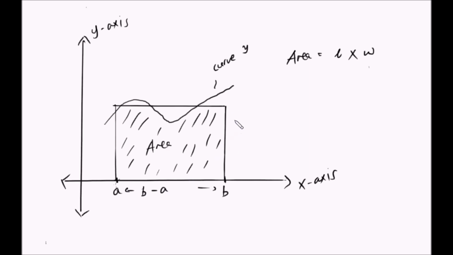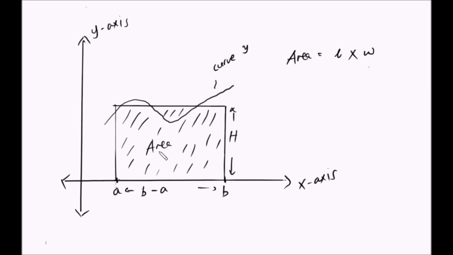Height sasa ya hii rectangle, I repeat again, remember hii rectangle area yake ni sawasawa na area under the curve y from a to b. Height yake ni nini? Au length yake ni nini? H ile tulioizungumza pale mwanzo.